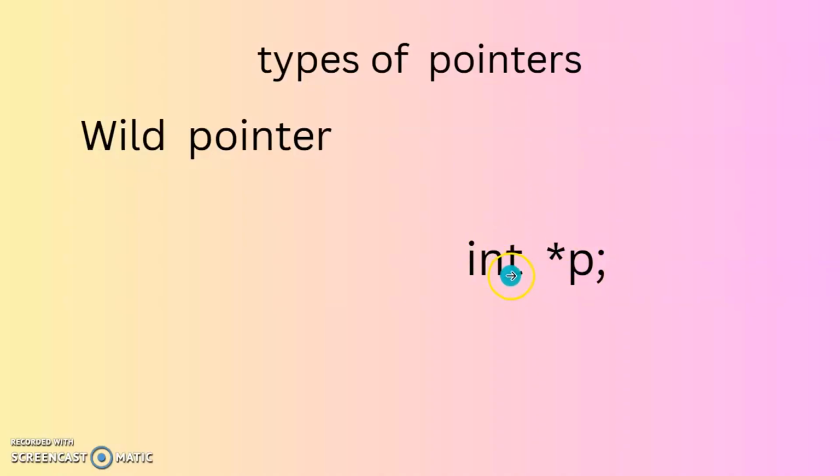So that means I can store the address of any integer variable in this p. But if we don't assign the address of any integer variable to this p, until then this p is a wild pointer because this will have some random value or garbage value.